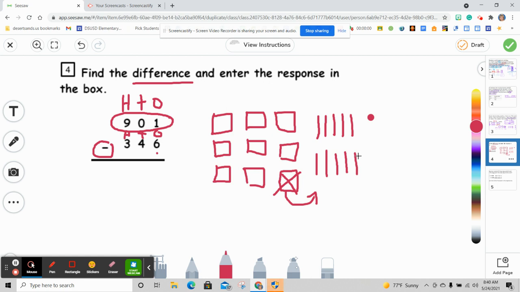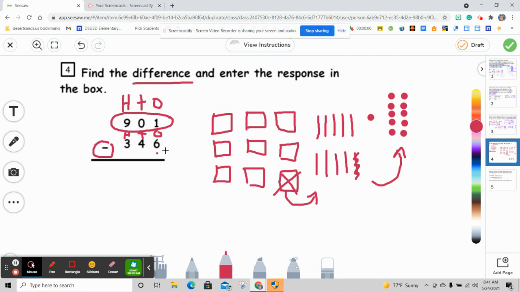So now I can cross out this 10 and move it into the ones place. And because there's 1, 2, 3, 4, 5, 6, 7, 8, 9, 10, I'm moving a 10, so I need to make sure that I make 10 ones. It has to be an even number.